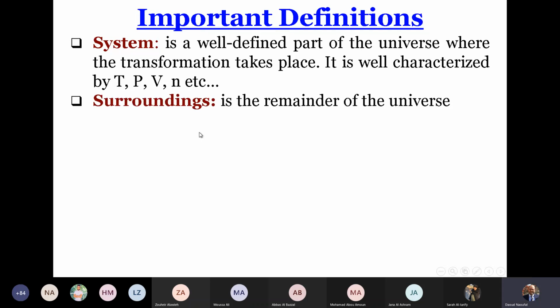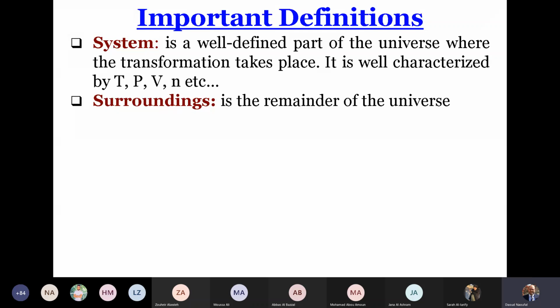The surrounding is the remaining part of the universe. Suppose I have a student in a classroom. The classroom is the universe. The student is the system.